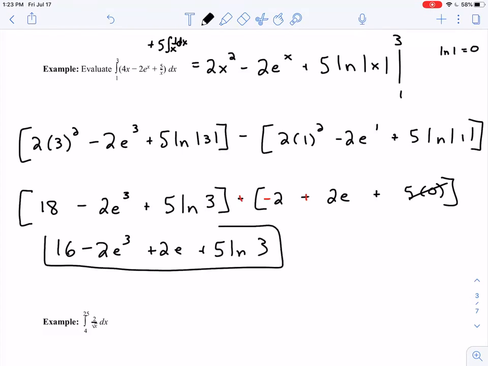And that's it. If I want an exact answer, that's where I have to stop. You could, of course, type that in and get a decimal approximation, which I think I'll do real quick. 16 minus 2e to the third plus 2e plus 5 natural log of 3.